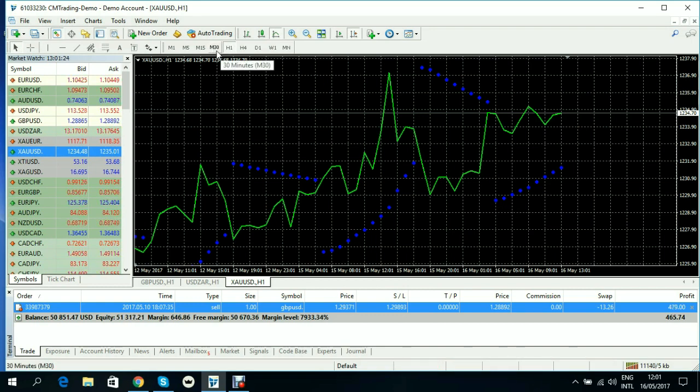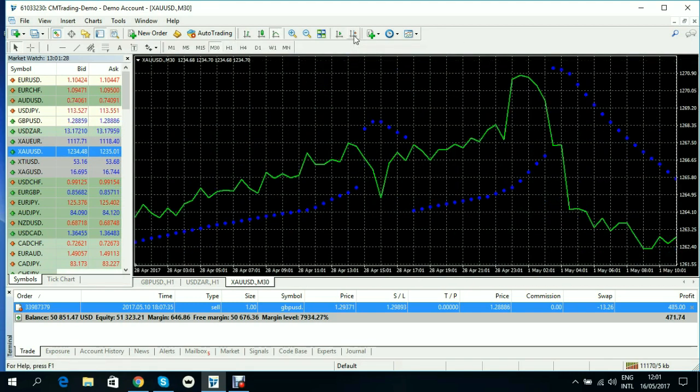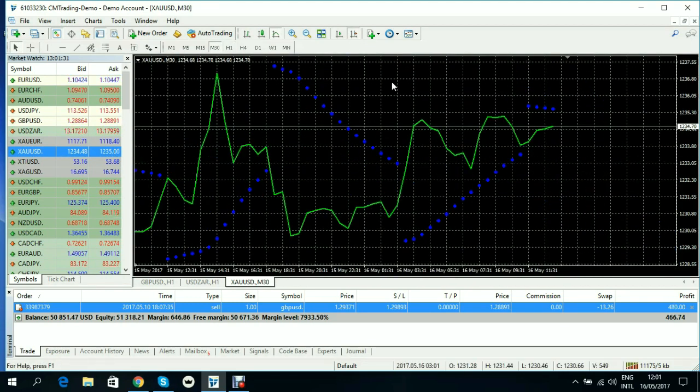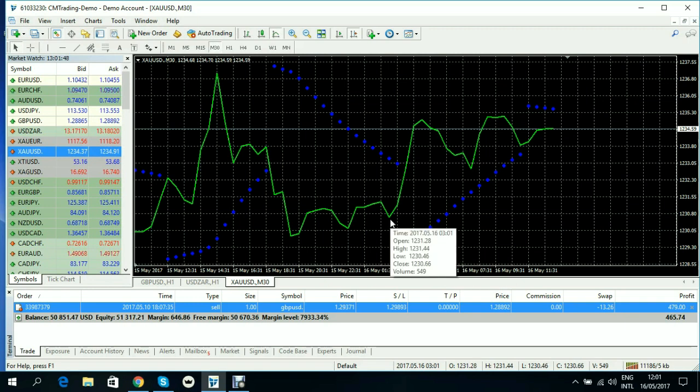For example, even if we come to 30 minutes time frame, you will find out that it works the same way. When the dots appear up here, the trend goes down. When the dot appears down here, the trend goes up, which means a buy trend.